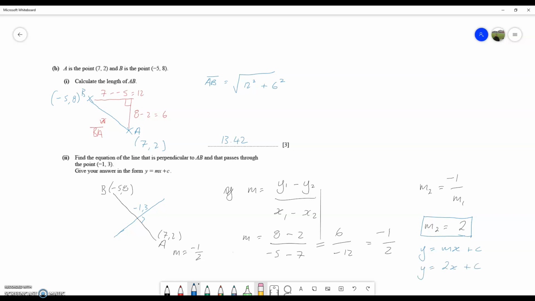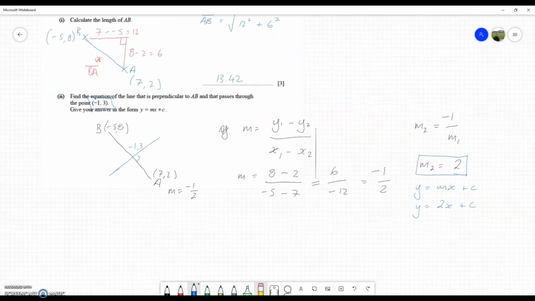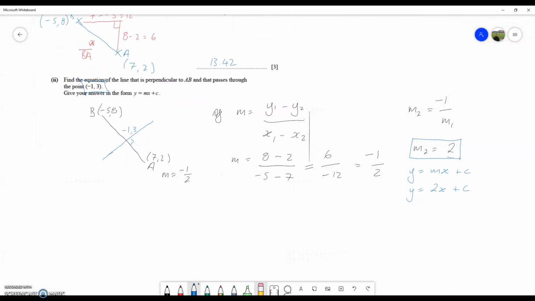We can then use our coordinate here, the -1, 3, to work out what the y-intercept is. So x is equal to minus 1, y is equal to 3.